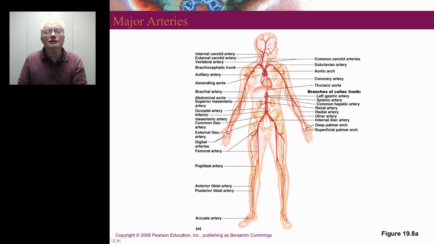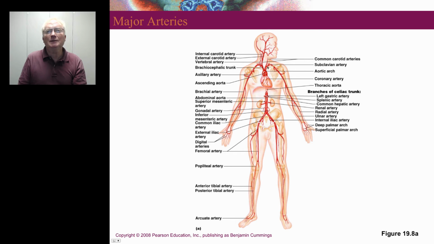The first major branch it comes off is the brachiocephalic artery, and it then splits into the common carotid artery that supplies the head and the brain, and the right subclavian artery, that then becomes the axillary artery, that becomes the brachial artery, that becomes the radial and ulnar arteries, and so forth, and digital arteries.